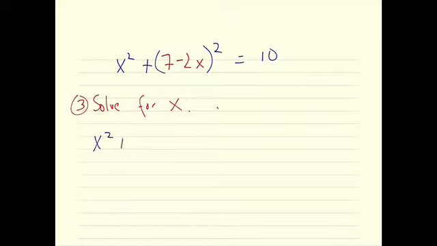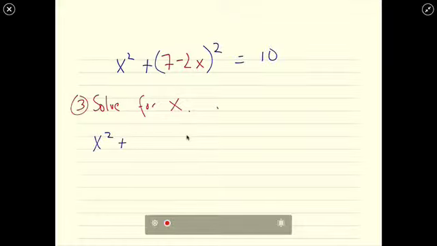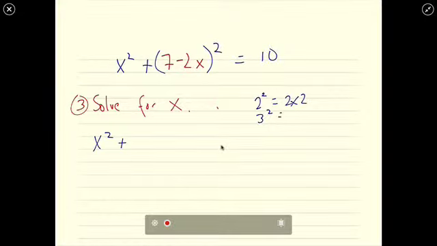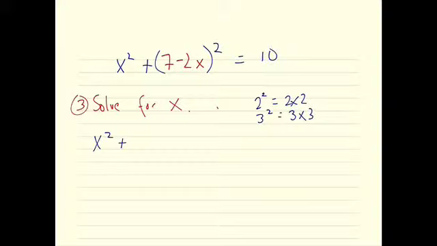X squared plus 7 minus 2x, all squared. Have a look at this here. What's 2 squared, John? It's equal to 2 by 2. 3 squared, Reese, is what? 9, because it's 3 by 3. 4 squared, Alan, is 4 by 4.